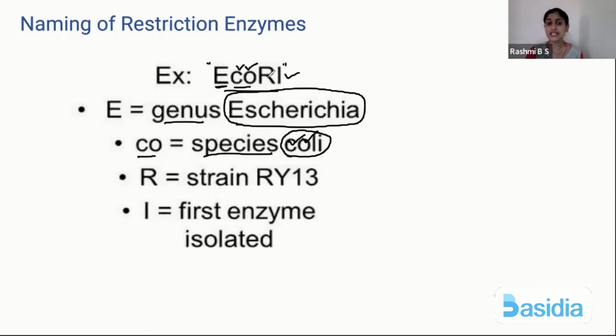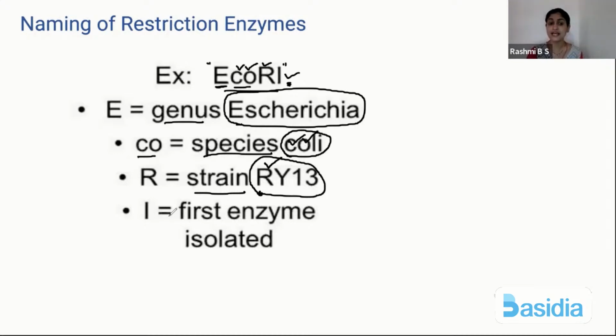Now you can see the third letter R. After the genus letter and the two letters from species, this is the letter from the strain. So EcoR1 is isolated from Escherichia coli bacteria with strain RY13. R is the first letter of the name of the strain. And what is 1?